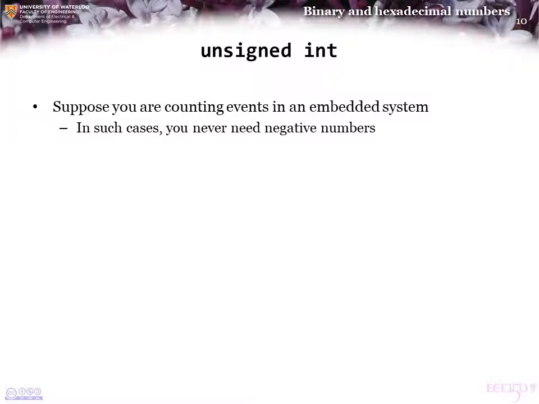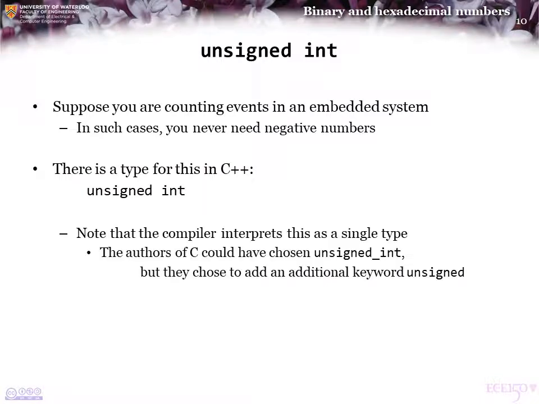Now we're going to introduce something called unsigned int. So suppose you have an embedded system that is counting events. If you're counting events, you never need negative numbers. There is a type for this in C++, unsigned int.